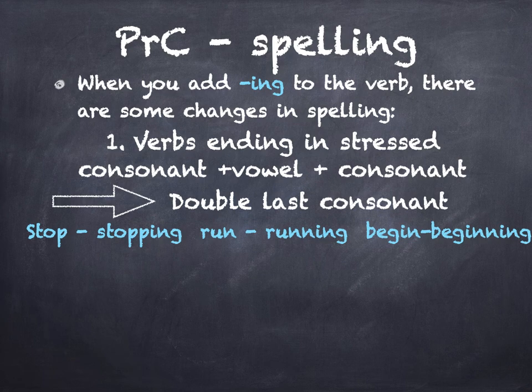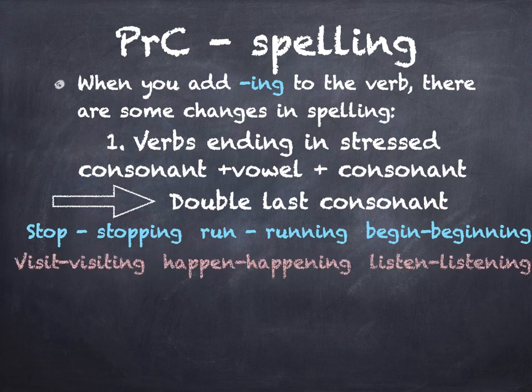If you pay attention to the verbs, the three of them end consonant, vowel, consonant, and the three of them end with a stressed syllable. Stop is a monosyllable, so it's the stressed syllable itself, stopping. That happens the same with run. But then begin has two syllables, but the stressed one is gin, right? So we have to double the n.